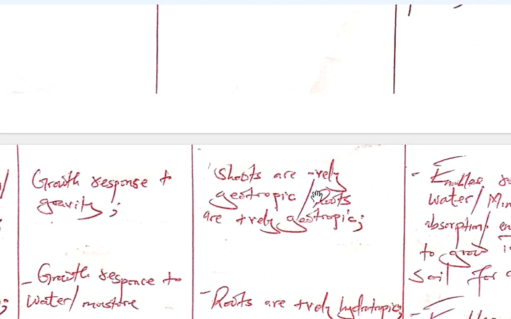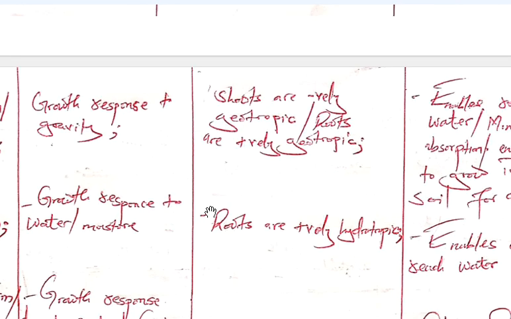Geotropism, the growth curvature in response to gravity. Shoots are negatively geotropic, roots are positively geotropic. This enables roots to reach water for absorption and enables the roots to grow in soil for anchorage. Hydrotropism, hydro from the word water, is growth response to water, and the roots are positively hydrotropic, and this enables roots to reach water for absorption.